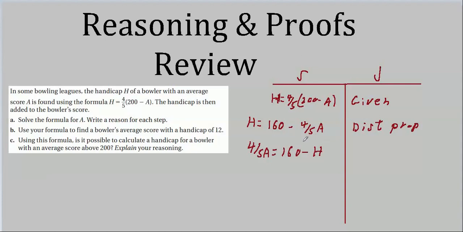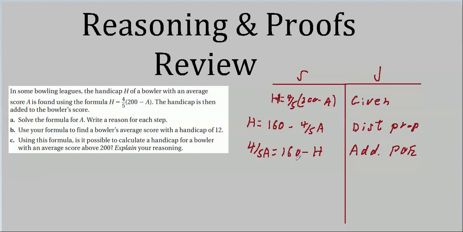How did we get by with that? That would have been the additive property. I added 4/5 a onto each side, and I added minus h to each side. We did two things, and I'm going to put it together into one step and call it the additive property of equality.